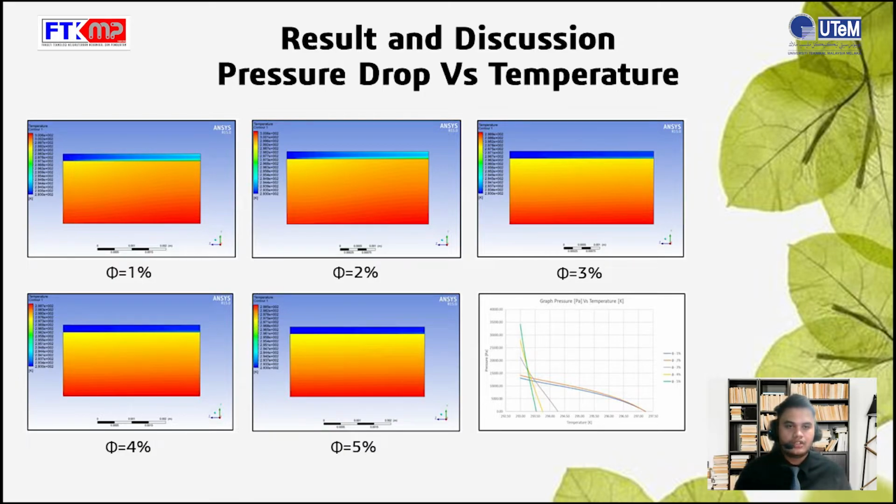Next, we look at the graph of pressure drop related to temperature. By referring to the graph, the trends are the same for all nanofluids studied, indicating that as pressure drop increases, the wall microchannel heatsink temperature decreases. In this situation, the water CuO 5% concentration produces the greatest pressure drop and the lowest temperature compared to the others.